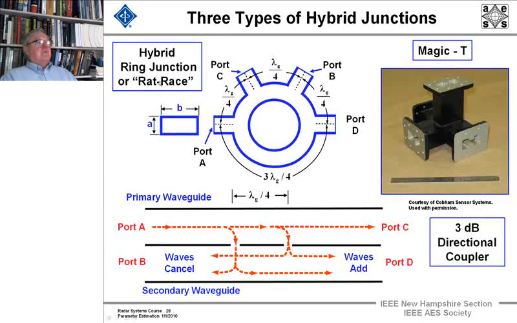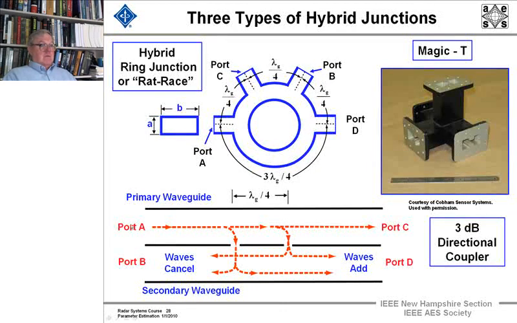We have another hybrid junction called a rat race, because here's port A, port B, port C, and port D. Just showing you in port A, we're going to look in detail how each of these worked. And then we have a 3 dB directional coupler.